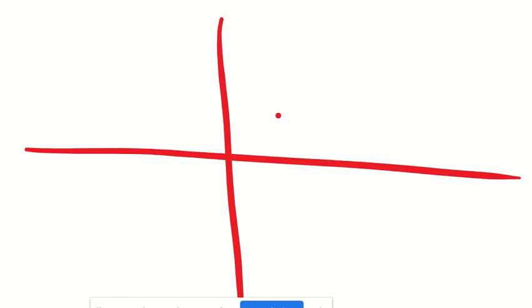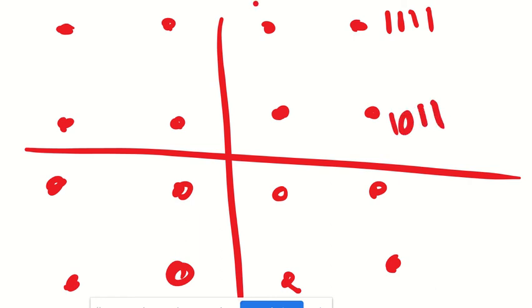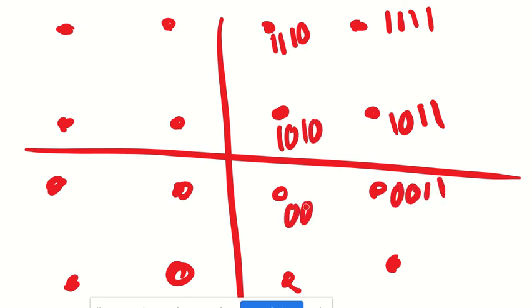Okay, so how would the constellation diagram look like? For a constellation diagram, you would have different amplitudes and phases, and because you have 16 points, you're going to spread them like this. For example, this is 1, 1, 1, 1. This is 1, 0, 1, 1. This is 1, 1, 1, 0, 1, 0, 1, 0, 0, 0, 1, 1, 0, 0, 1, 0.